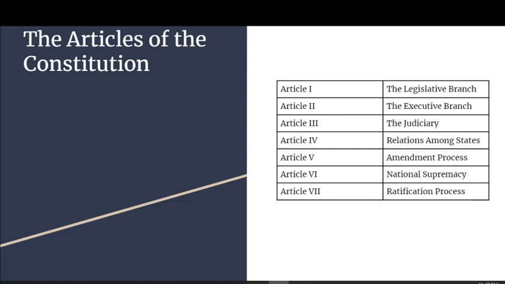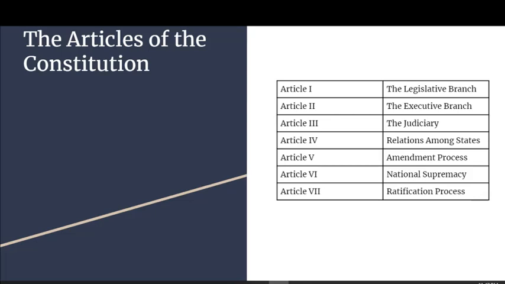Next, we have the Articles of the Constitution. Article 1 defines the legislative branch. Article 2 defines the executive branch. Article 3 defines the judiciary branch. Article 4 defines relations among states, also known as federalism. Article 5 describes the amendment process to add amendments to the Constitution.